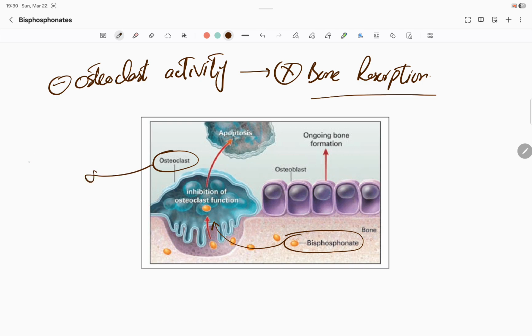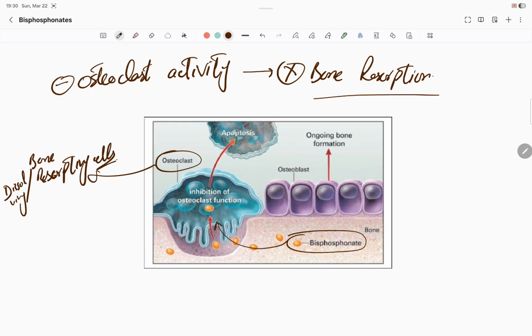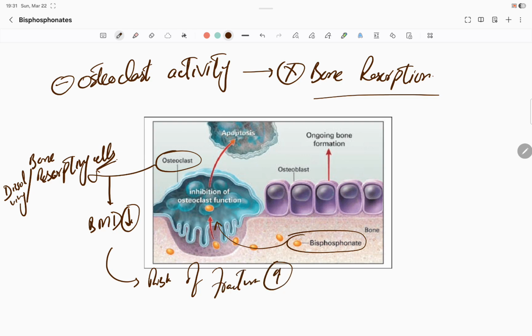Osteoclasts are actually bone resorbing or bone dissolving cells. As a result, bone mass density reduces and risk of fracture increases.